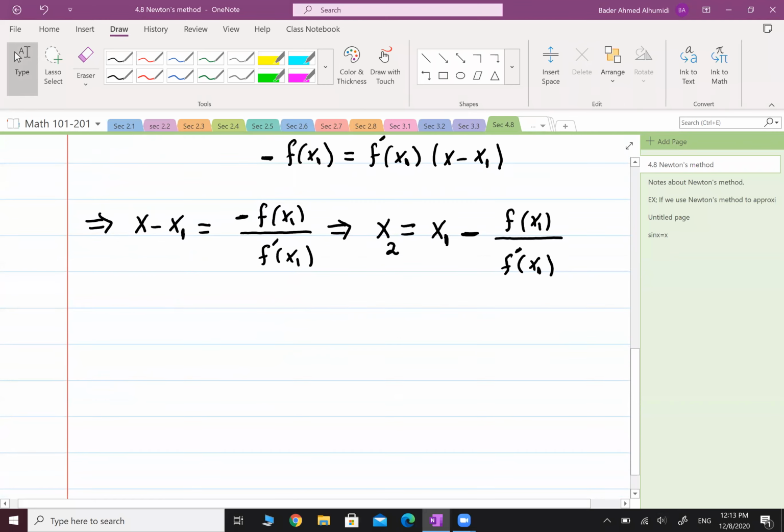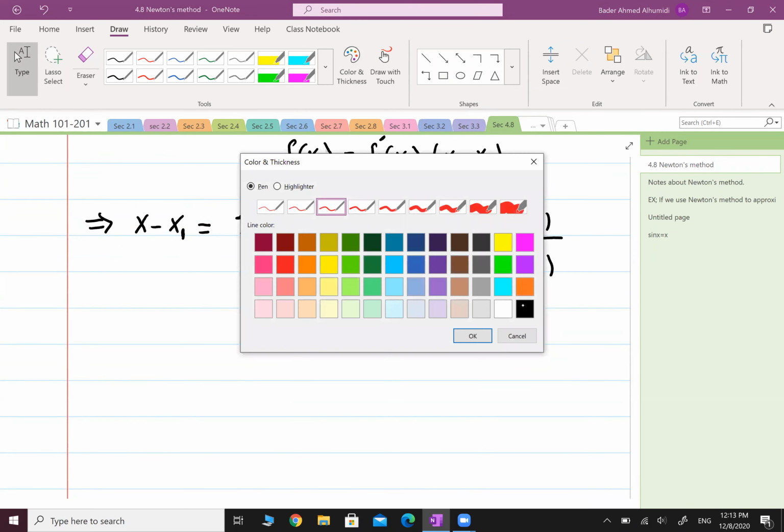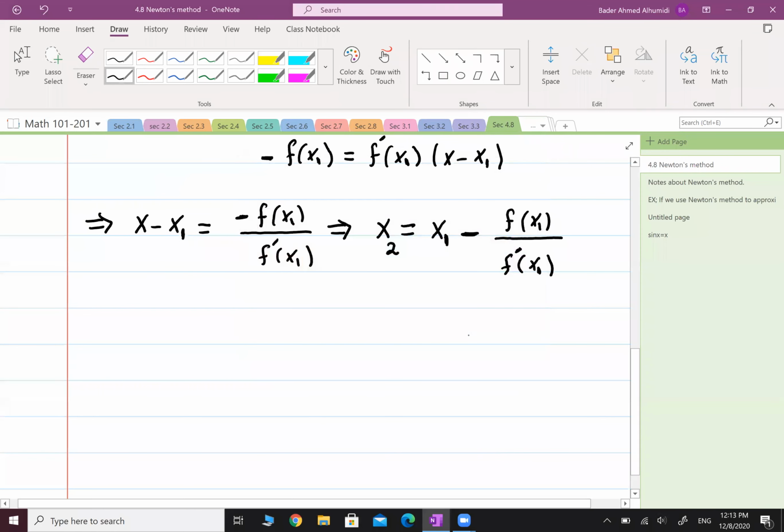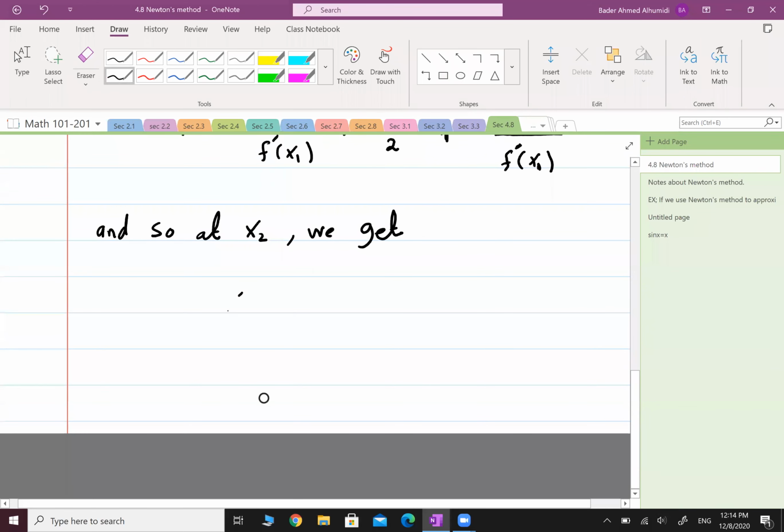Okay, so what do you expect x3 will be? At x2, we get the following. That will give me x3 is equal to x2 minus f of x2 divided by f prime of x2.